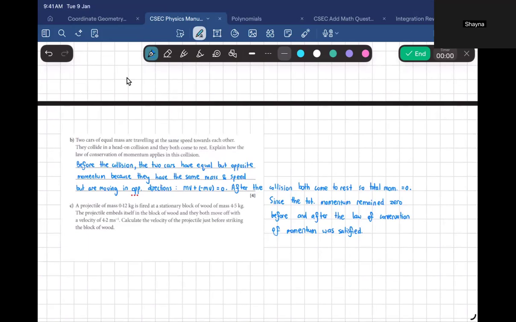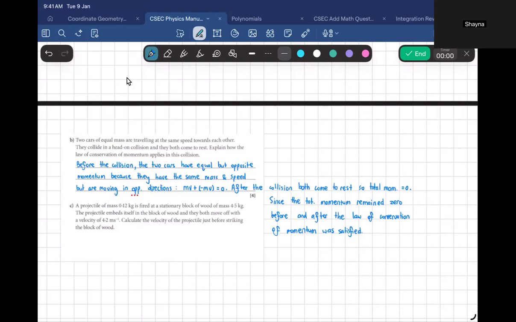Okay, that wouldn't be why. It would be zero because the two cars have the same mass and speed, but are moving in opposite directions. That is why the momentum would be zero, not because of the law of conservation of momentum.